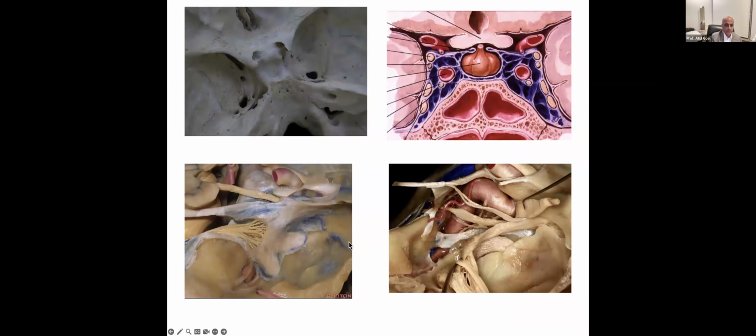And if you come from the middle fossa, as we discussed last time, there are various important structures like the carotid artery, GSPN, Gasserian ganglion, V3, V2, V1, the sixth nerve, third nerve, and so many other structures.